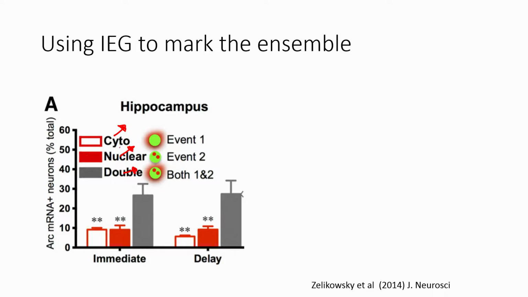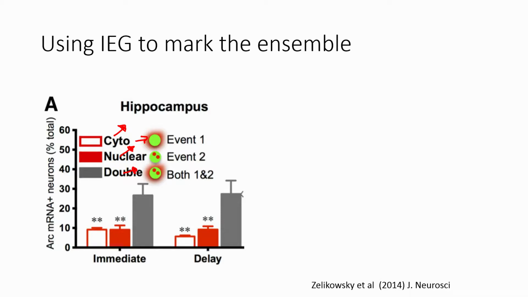So, they are most likely the event 1 neurons, while the nuclear ones are just then expressing the mRNA. So, they are quite likely transcriptionally active in response to event 2, while the double, by the same arguments, would be representing both 1 and 2.